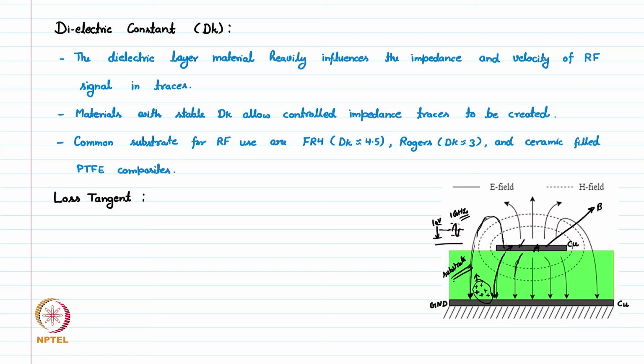So, this is how the charge is induced in the substrate and the extra loss appears. This loss is generally measured using this parameter, which is loss tangent. Dielectric materials have inherent losses which are indicated by the loss tangent.